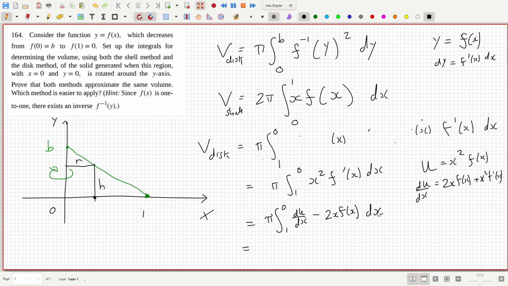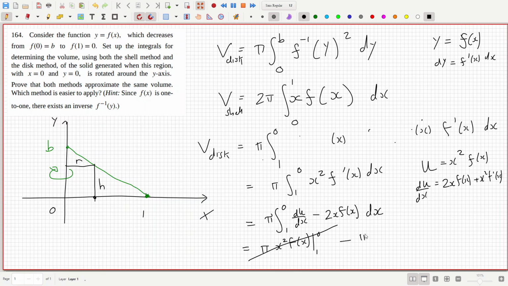So if I apply the dx to this, it would cancel the dx, leaving me with integrating 1 du, which makes the u. So that would be pi u, which is x squared f of x from 1 to 0. Put in 0, we get 0, and put in 1, we also get 0. Nice. So that's gone.